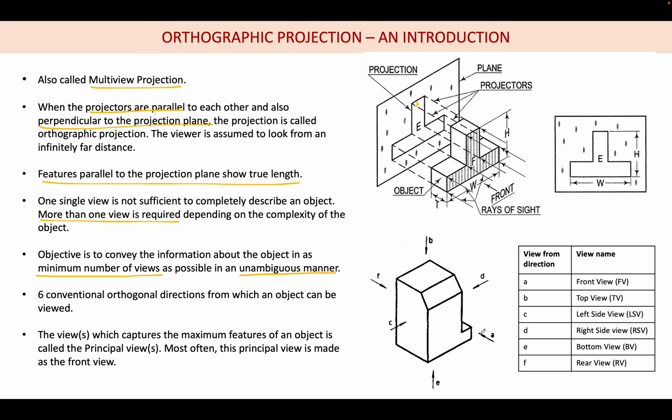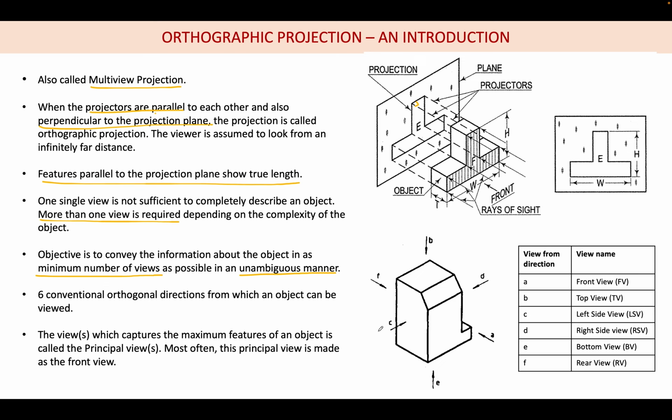A is the front view, B is the top view, C is the left side view, D is the right side view, E is the bottom view, and F is the rear view. So the front view captures the front, the top view captures the top portion of the object. Similarly, the left side view captures the left hand side of the object, the right side view captures the right hand side of the object, and so on.